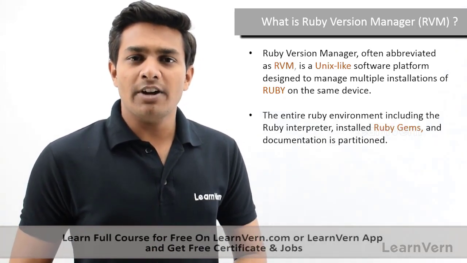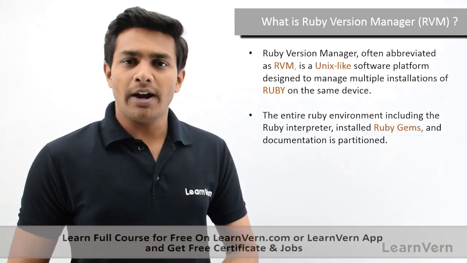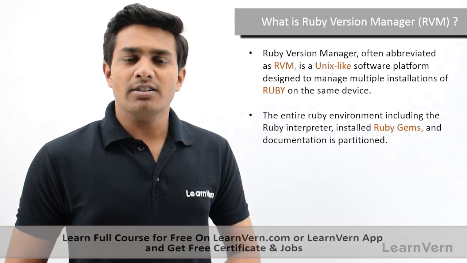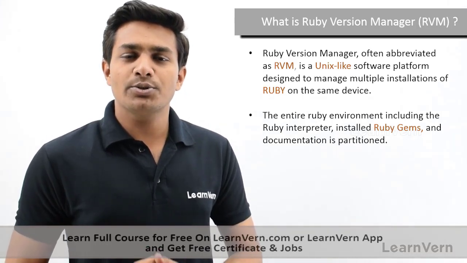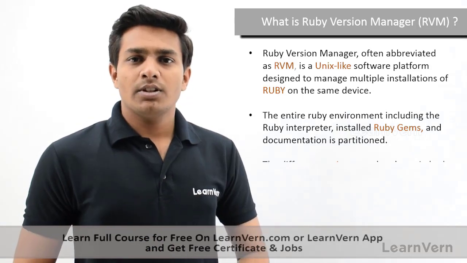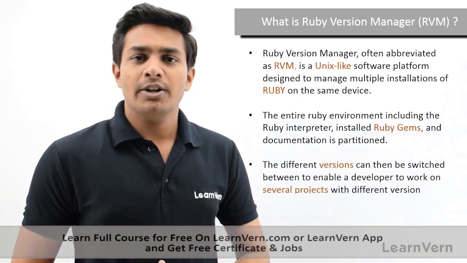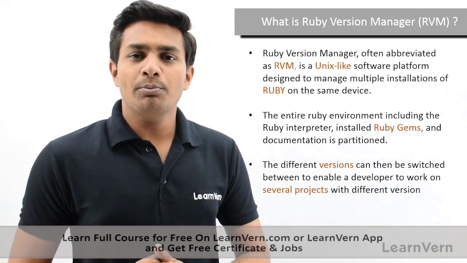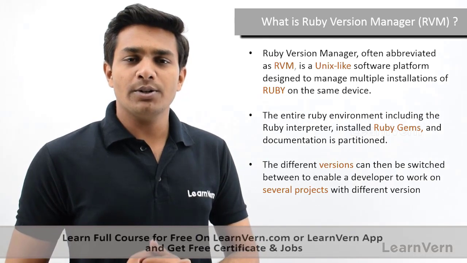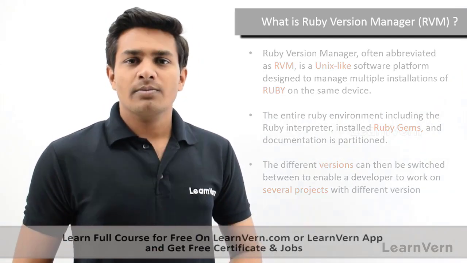The entire Ruby environment, including the Ruby interpreter, its gem files and its RI documentation, are all automatically installed on your local device by using RVM. Different versions of Ruby can be easily handled by RVM, enabling a developer to switch between different Ruby versions to work on different projects.